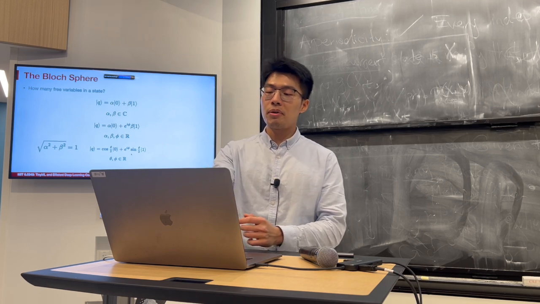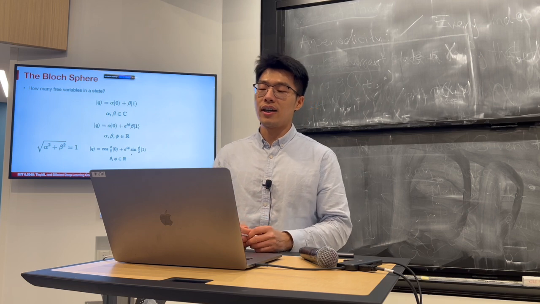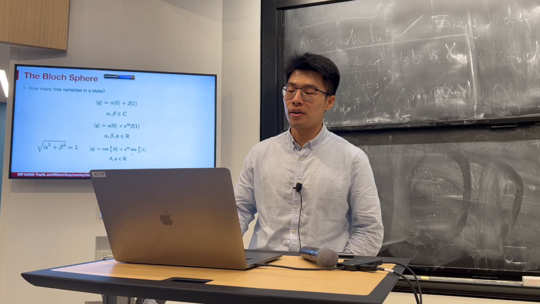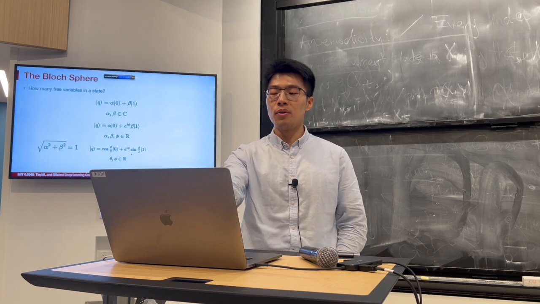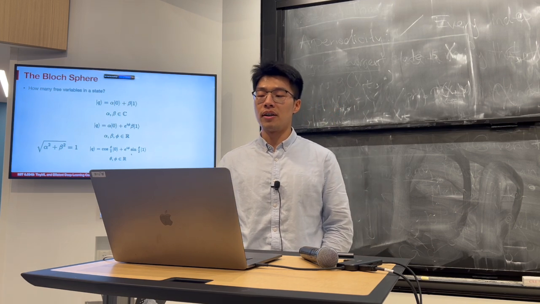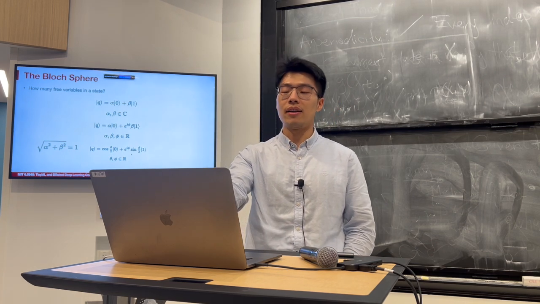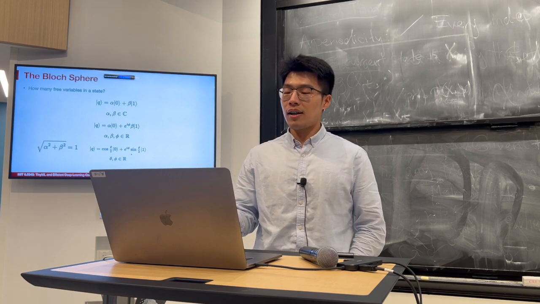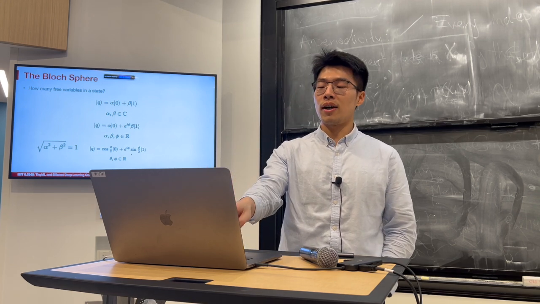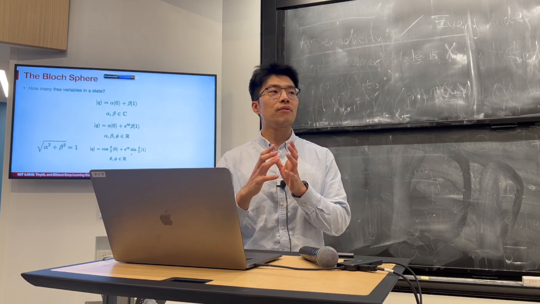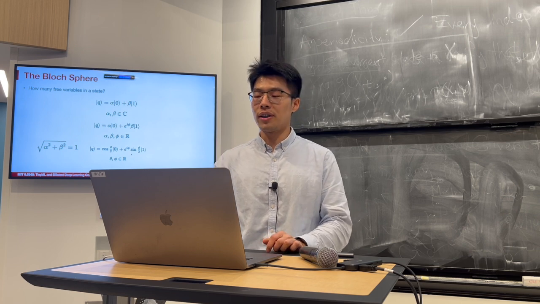We can represent beta as e to the i phi times beta with this polar representation, so we change the complex number representation into real numbers. So we have alpha, beta, and also phi as the degrees of freedom. Also, because alpha squared plus beta squared needs to add up to 1, we further eliminate one degree of freedom.